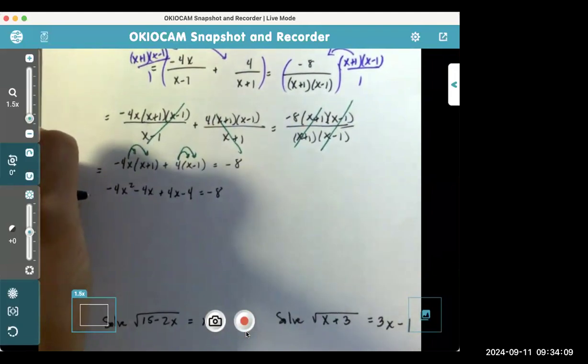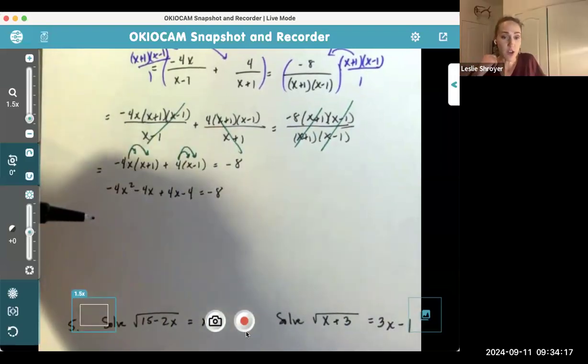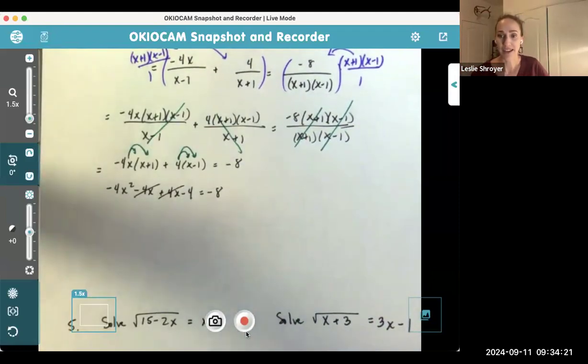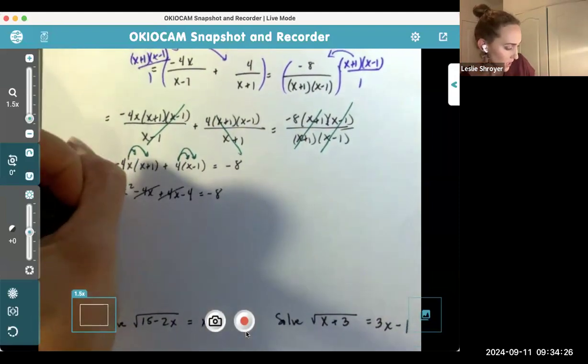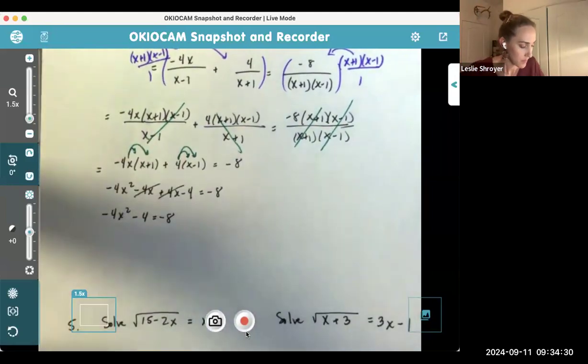And the negative 4x and the positive 4x would cancel out, correct? Yes, they do. Perfect. So we are now left with negative 4x squared minus 4 equals negative 8.